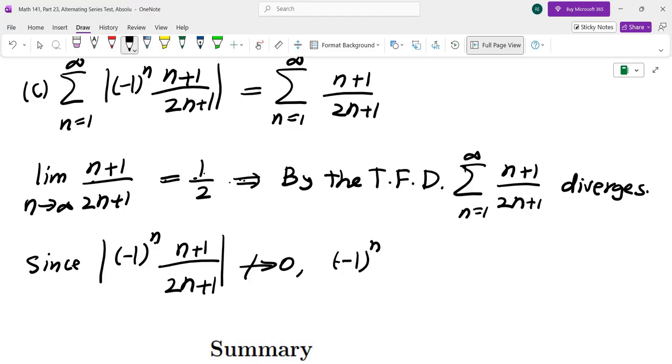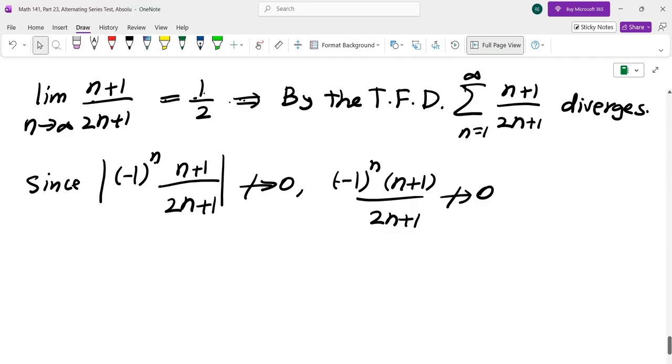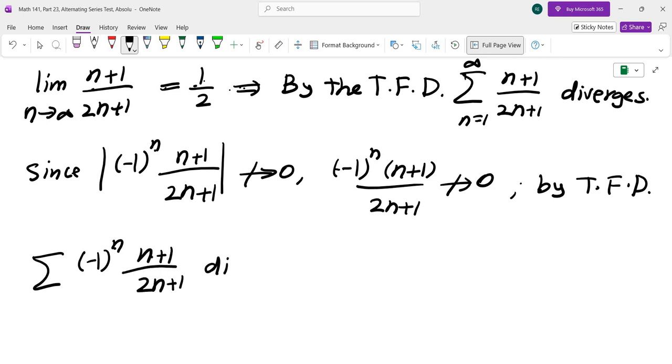So that means the sequence itself also cannot converge to 0 either, because if the sequence were to approach 0, then its absolute value would also converge to 0. So that means this also does not converge to 0. So by test for divergence, the series that we have, negative 1 to the power of n times n plus 1 over 2n plus 1, diverges.